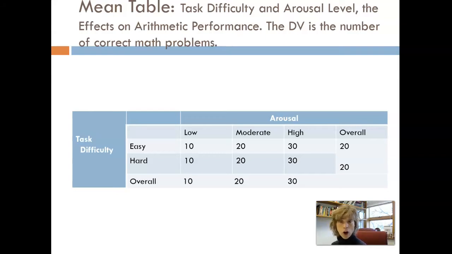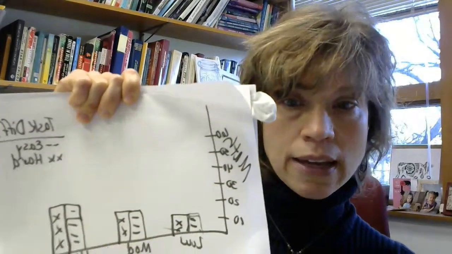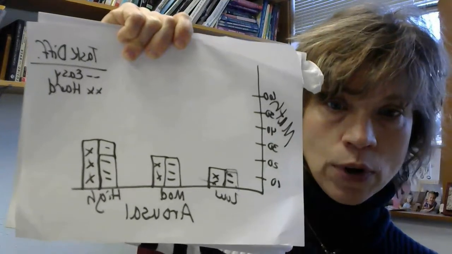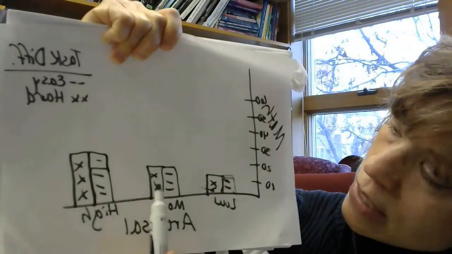And then when we look at hard task difficulty, we find 10 for low arousal, 20 for moderate arousal, and 30 for high arousal. So to see what that visual picture looks like, that produces a bar chart like this, where each one steps up gradually.